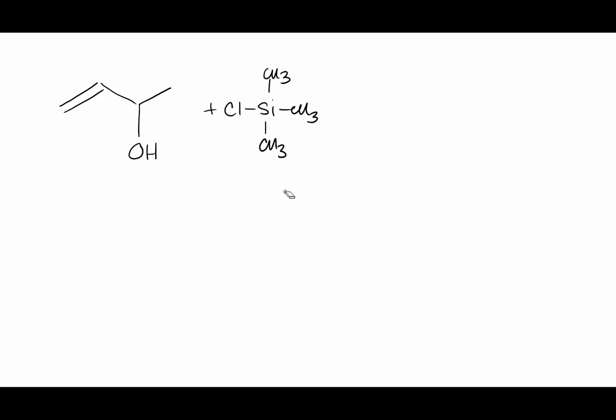What happens when we react an OH with a chlorine that's attached to silicon? The same thing that happens when we reacted an OH with a chlorine attached to sulfur. I'm going to lose HCl and make an O-Si with three methyl groups. I'm going to replace the OH bond with an O-silicon bond. This is called a silyl ether.